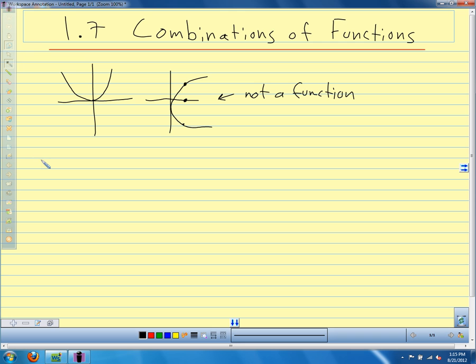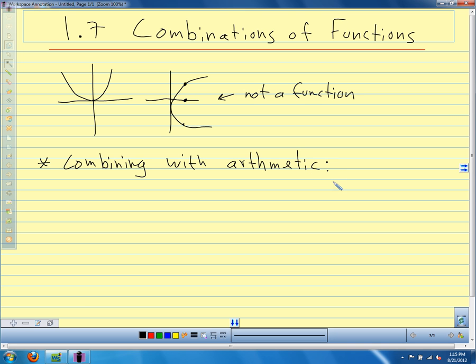So the first thing that we're going to do is talk about combining them with arithmetic.